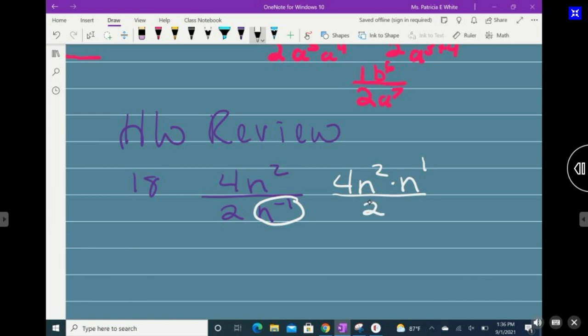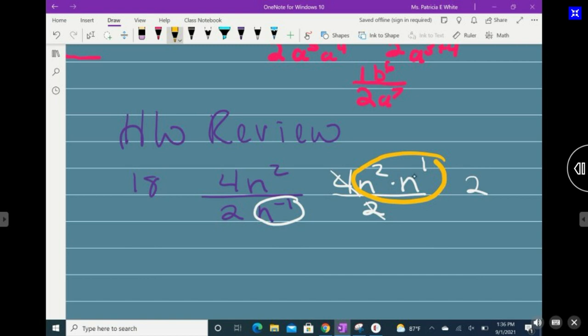What is 4 divided by 2? All right, now look at what you got left. Where does that fit on the board? On 1, 2, 3, or 4? n to the second times n to the first.